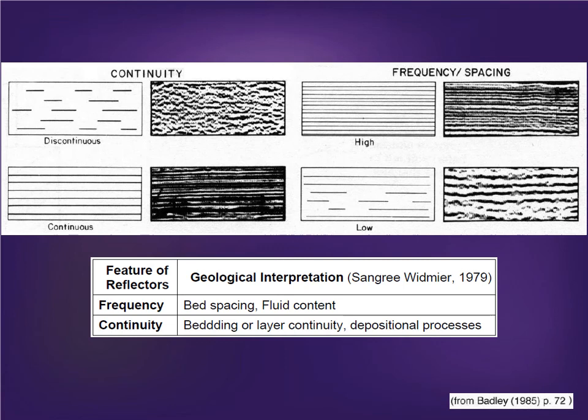Here you can see the more distant occurrence of layerings. That means that here the layers are very thick compared to these two, as these black colored lines indicate the interface between two layers.